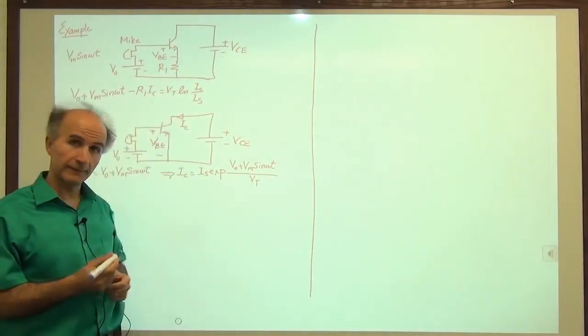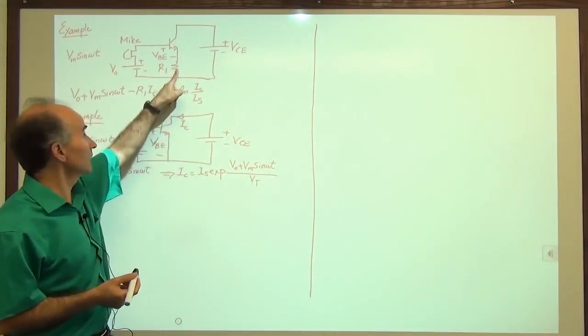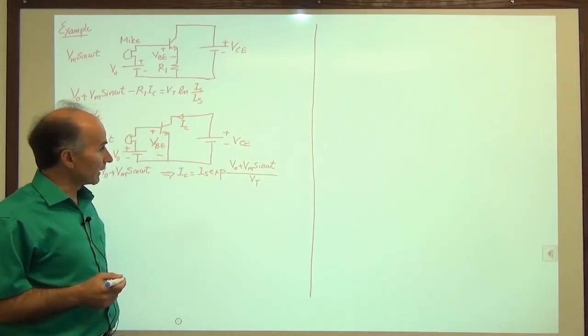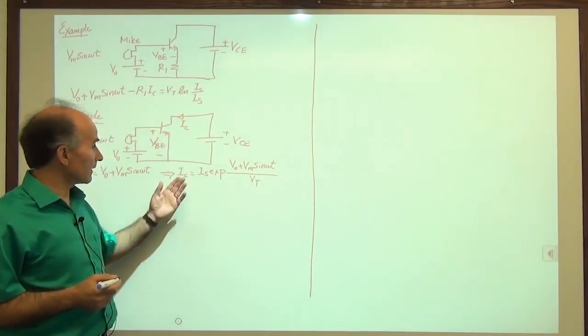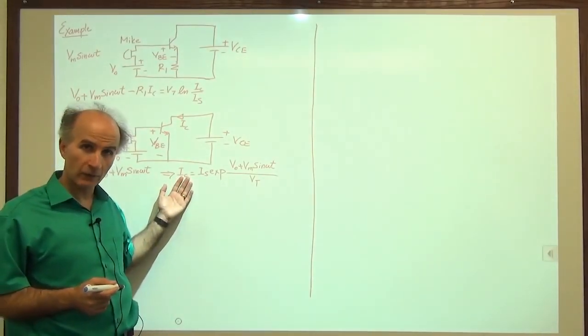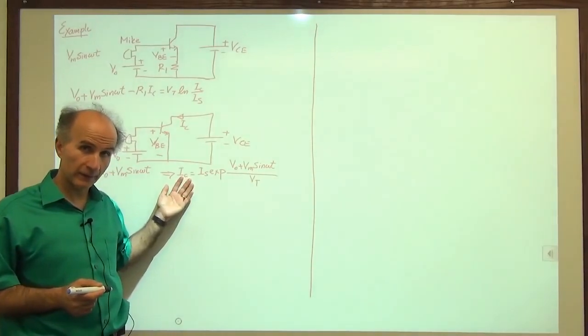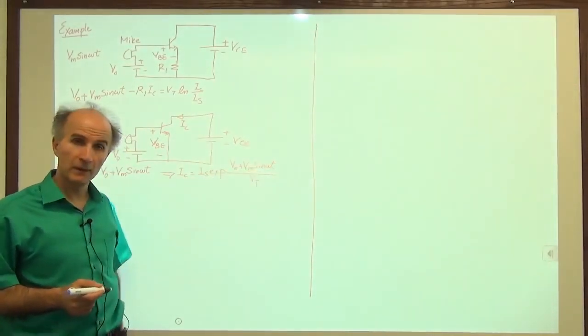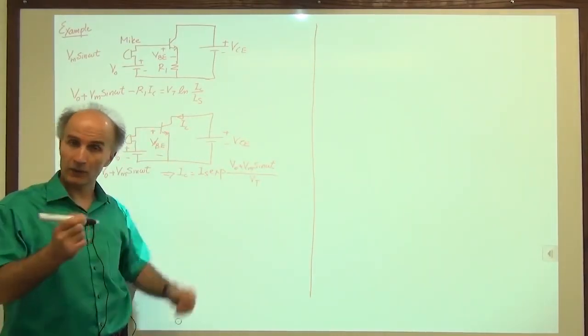Previously, we couldn't because of this resistor here. Okay, all right. Now, is IC a sinusoid if the microphone signal is a sinusoid? No, because we have exponential of a sinusoid. So the result is something strange.